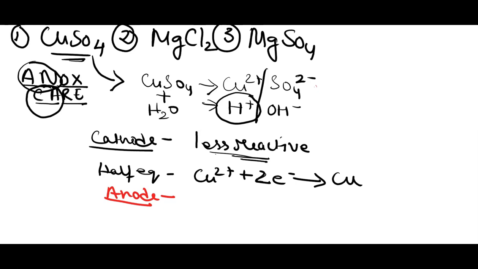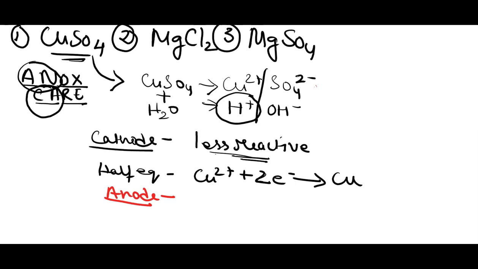In this case too, we have to see which one is a halide compound or element. We can see here none of them are halogens. So definitely the product that will be formed will be oxygen gas and water.